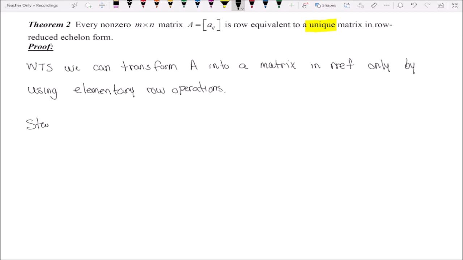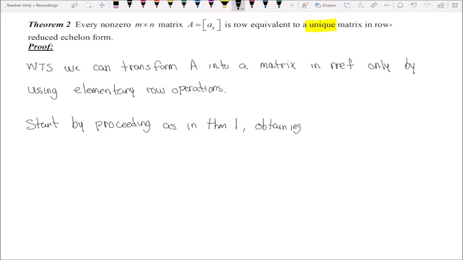What we do is we start by proceeding as in Theorem 1. In other words, we will put the matrix into REF first.